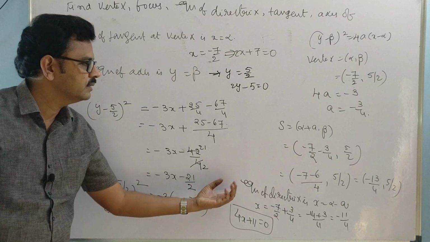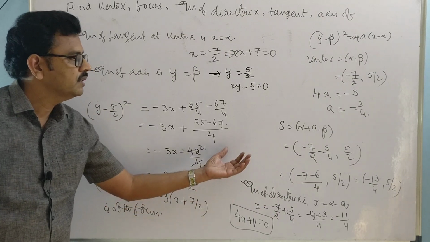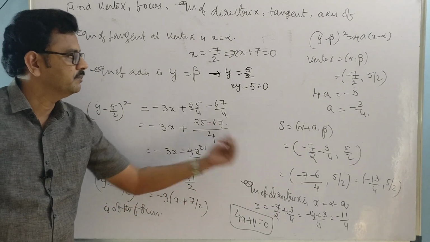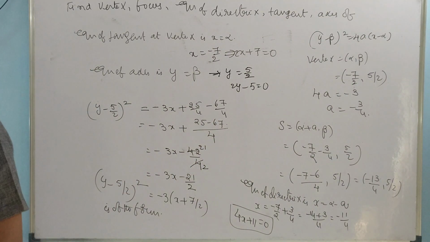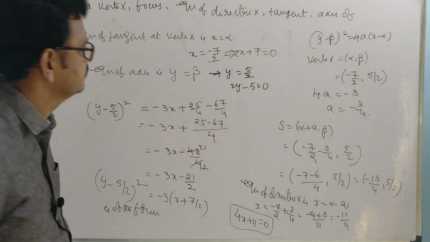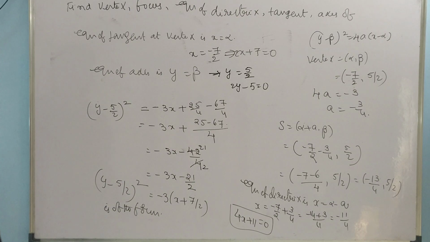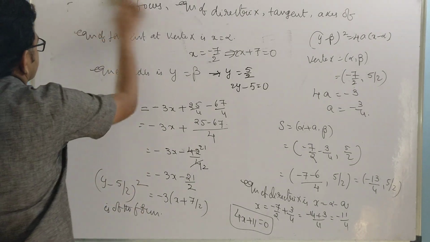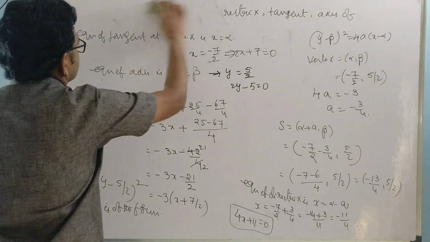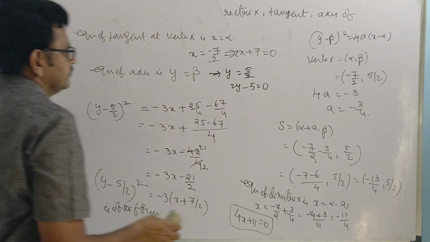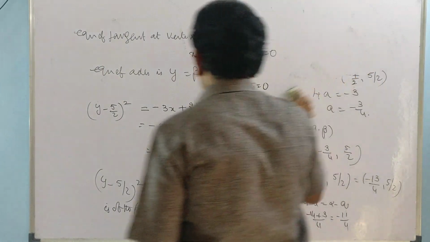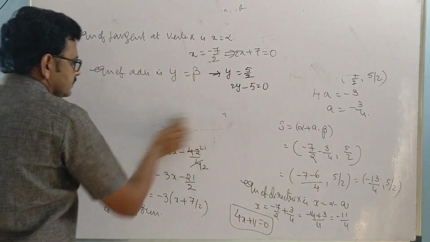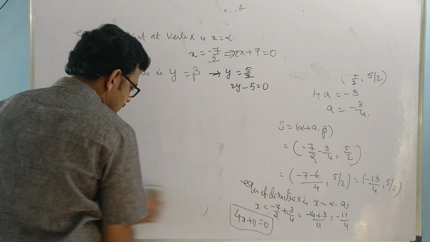If you are perfect in this, you are able to solve the maximum number of problems. Next one, type 6.